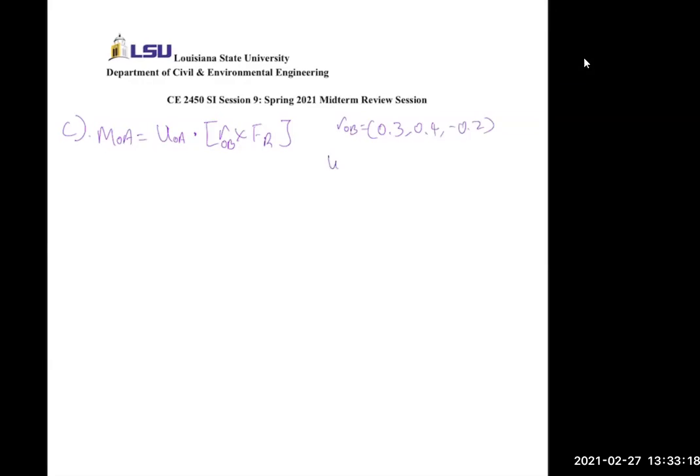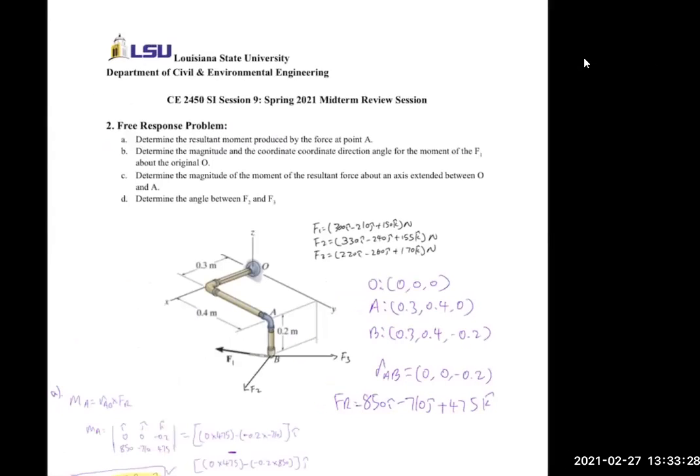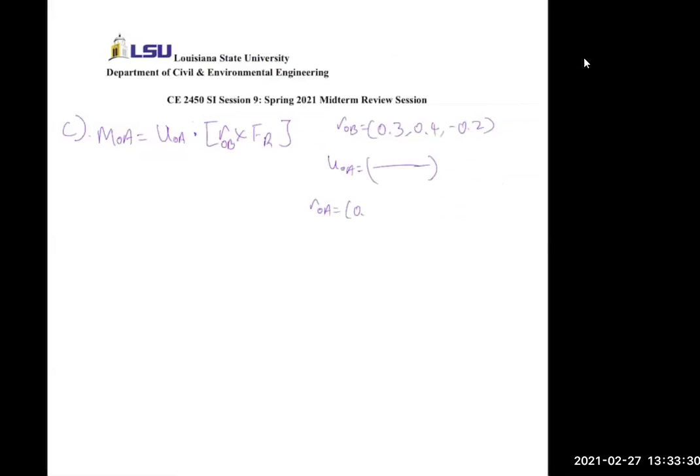And my U_OA, so I have to find out what my R_OA is. R_OA is 0.3, 0.4, 0. Magnitude of R_OA is 0.5.